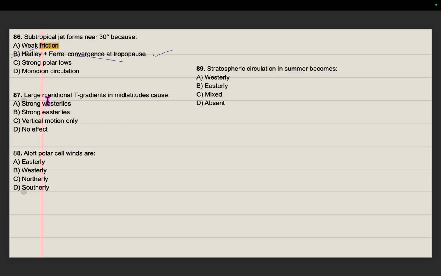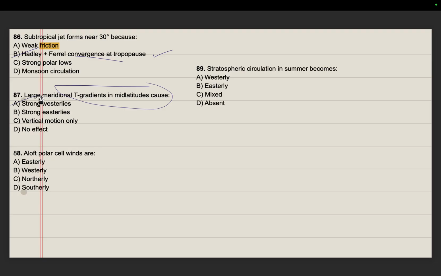Now 87, large meridional temperature gradient in mid latitude causes strong westerlies, strong easterlies, vertical motion only, no effect. That is del T del Y is large in mid latitude. Option A. Yes, 87 option A is correct.